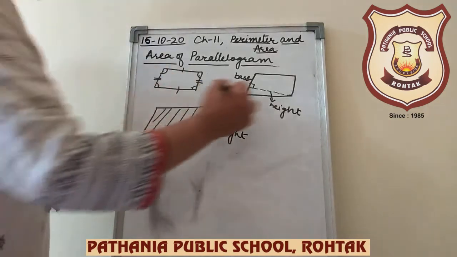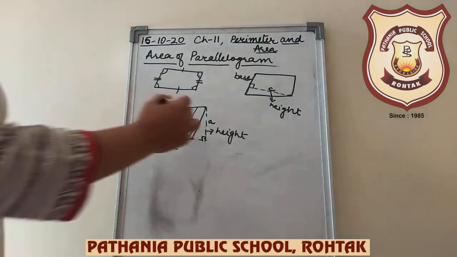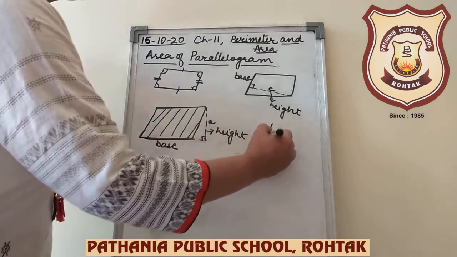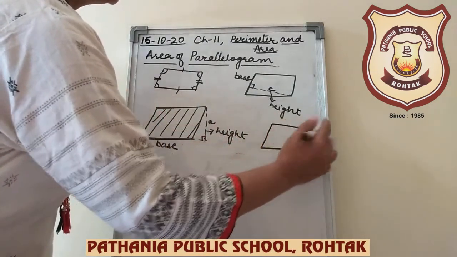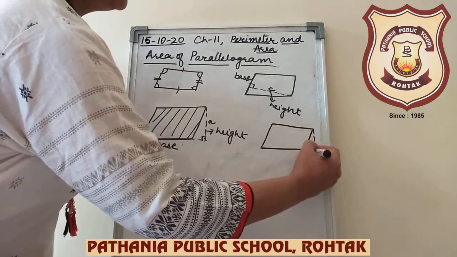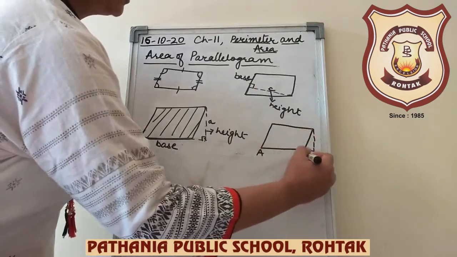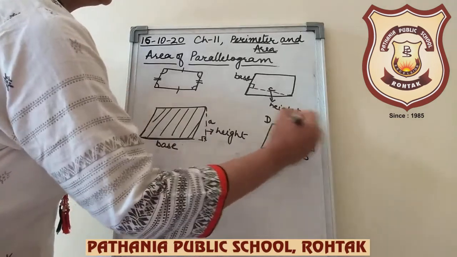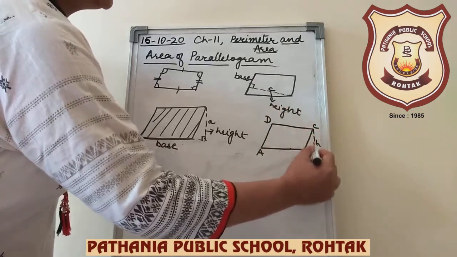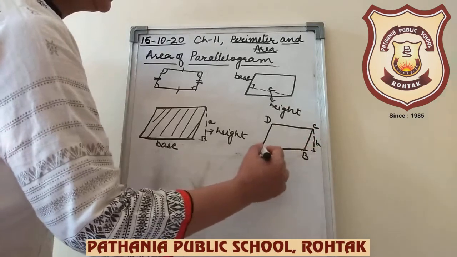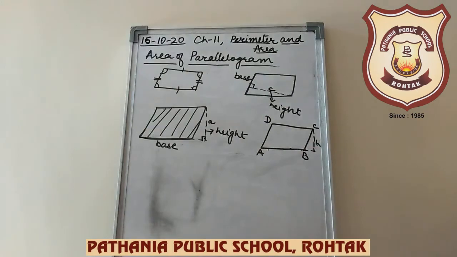If I mark this as A and this as C, in the same parallelogram, I'll mark it as A, B, C, D. This height is corresponding, means when we make an angle of 90 degree from this vertex, one arm is this base, this side of the parallelogram.